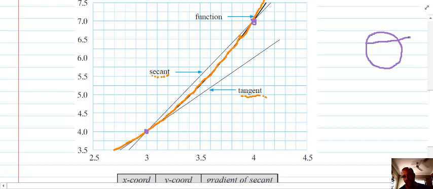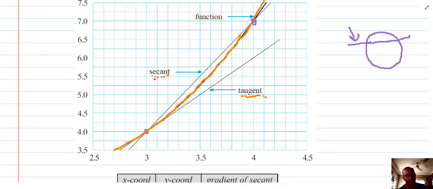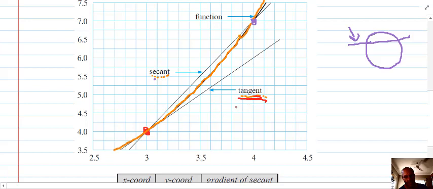If I extended it out in a straight manner, that's a secant. Same works if we don't have a circle, if we just have a curvy graph. And the secant goes through 2 points and it's a straight line. The tangent, however, touches only at one point on the line, there. So the tangent actually touches at 1 point only.